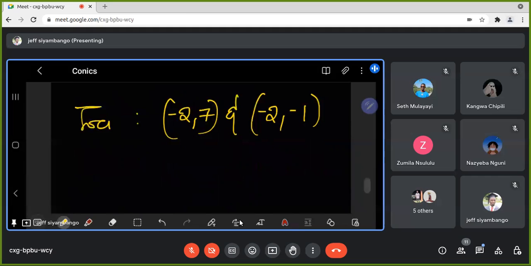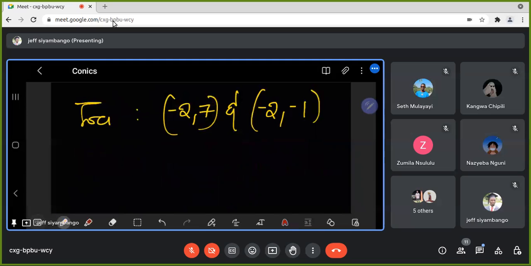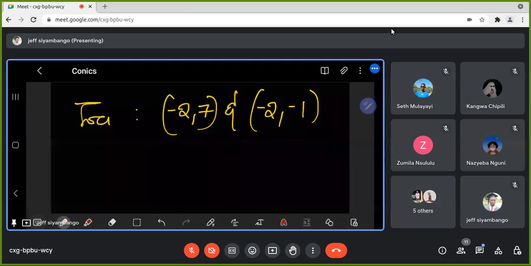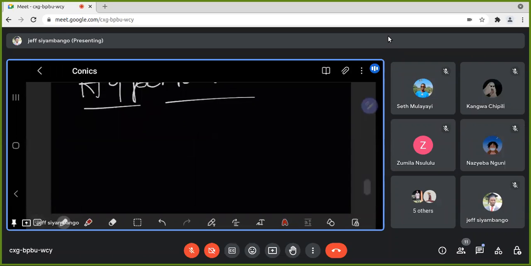Next up, hyperbola. When it comes to a hyperbola, it's similar to an ellipse, but the difference is that one term is going to be negative.